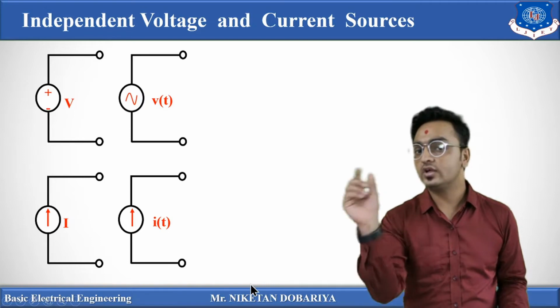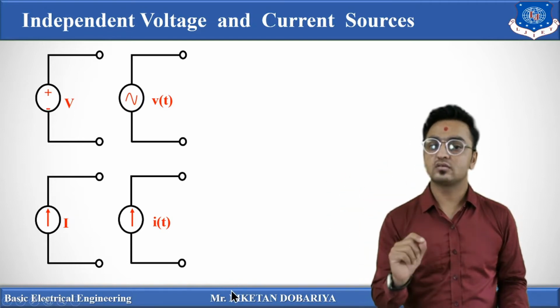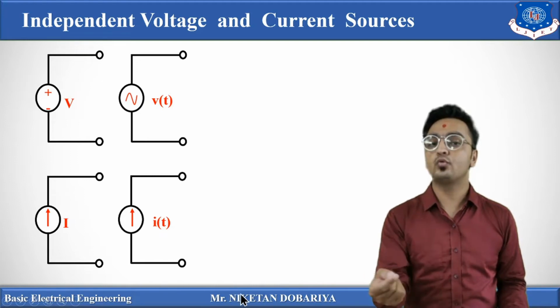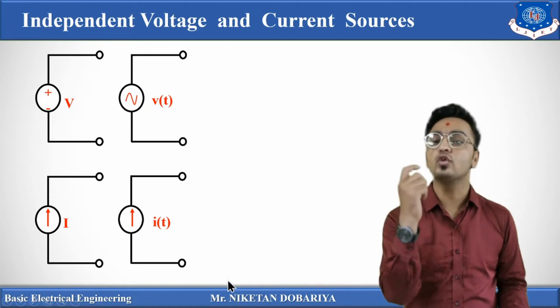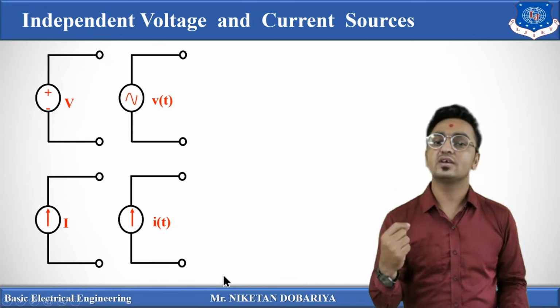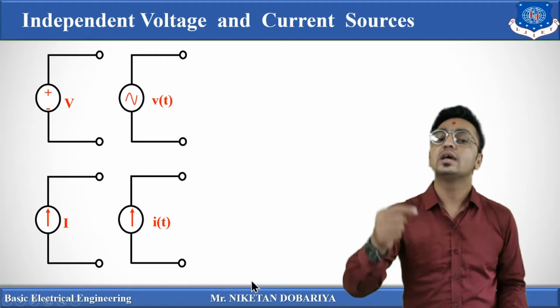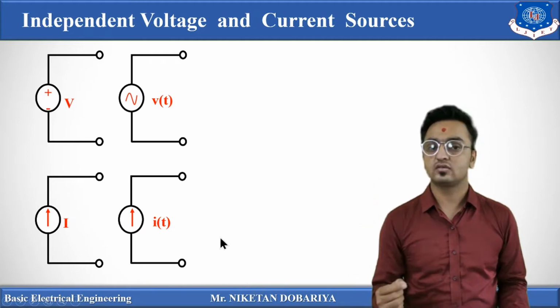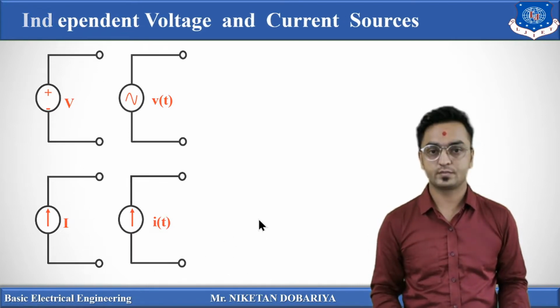Second is voltage source and current source. A voltage source provides output energy at a constant voltage. In the same way, a current source is a source which provides output at constant current. So these are the symbols of voltage source, and these are the symbols of current source.